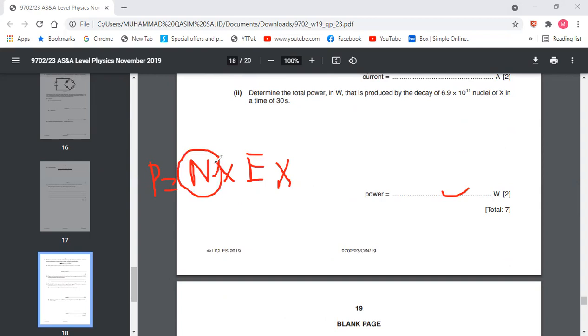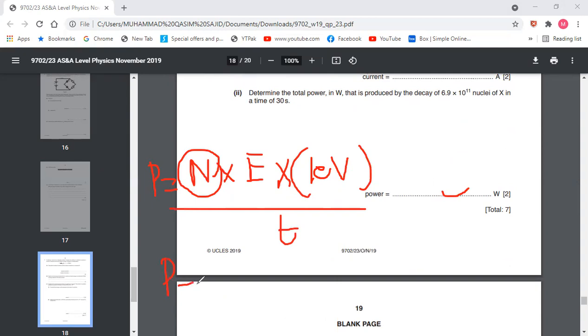Or the decay of the nuclei occurs, into the value of 1 electron volt, whole divided by the time. So this is basically the power formula.